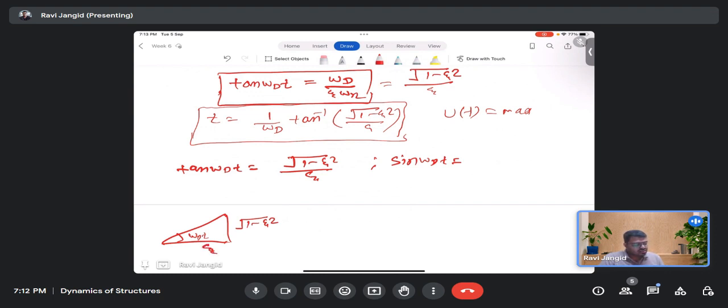So how much is the hypotenuse? Xi square plus 1 minus xi square, so that would be 1. So sine omega_d t would be square root of 1 minus xi square. Is it okay? Okay.